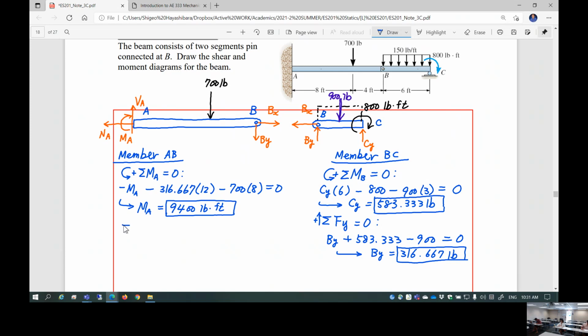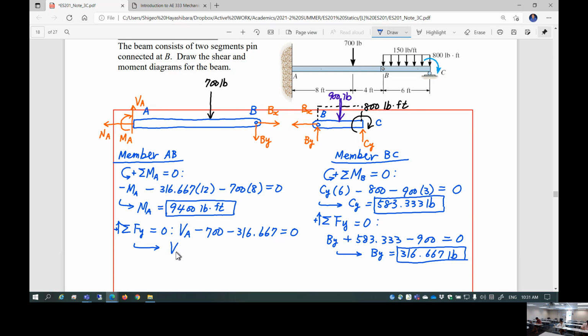Then let's just do summation of the force, Y direction. Set equal to 0. So this is the shear reaction at A minus 700 pounds external loading. And another minus By, which is the support reaction, 316.667, set equal to 0.